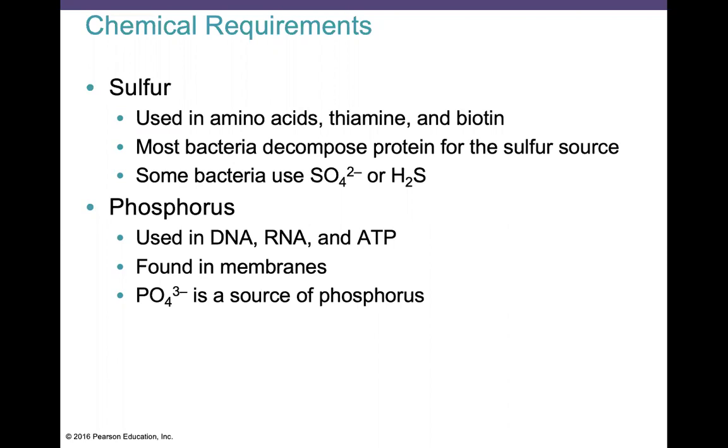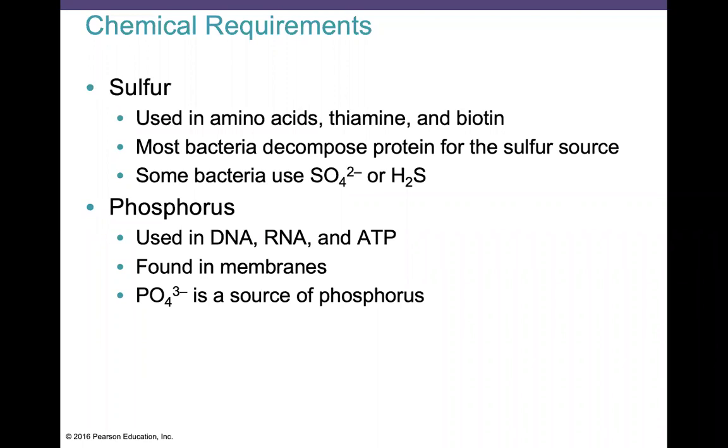Sulfur is important because it's used in amino acids, thiamine, and biotin. Most bacteria will decompose protein for their sulfur source. Phosphorus, this is another important molecule. It's used in DNA, RNA, and ATP. It's also found in the membranes, especially the phospholipid bilayer, hence the name phospholipid bilayer.